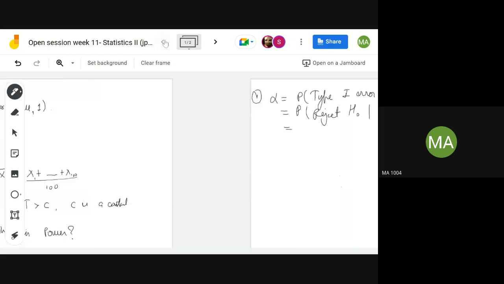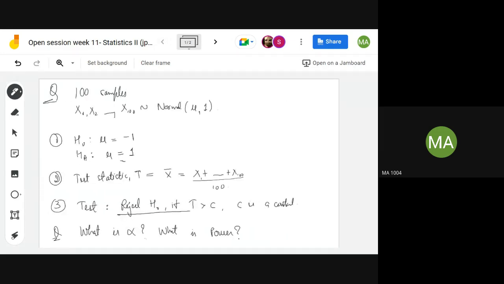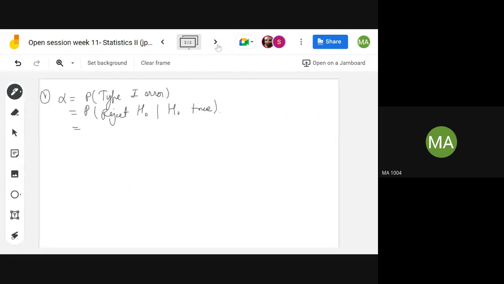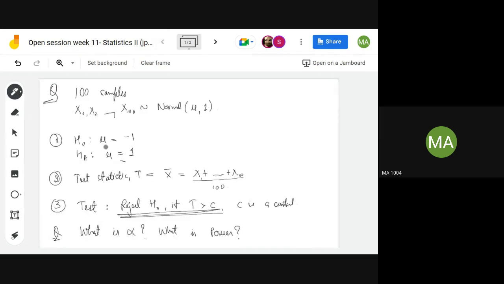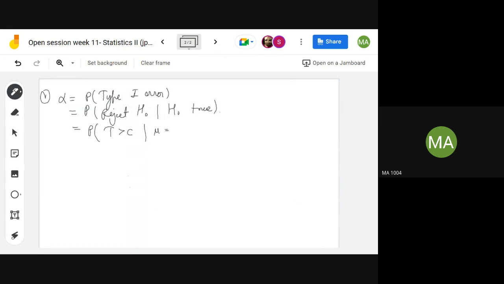So when are we rejecting H0? We are rejecting H0 if T is greater than C, given H0 is true. And what is H0? H0 is mu equal -1. So we'll write this when mu equal -1.